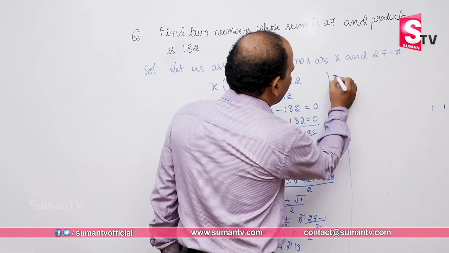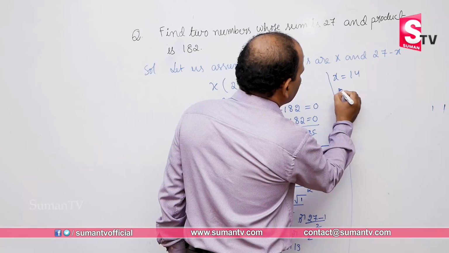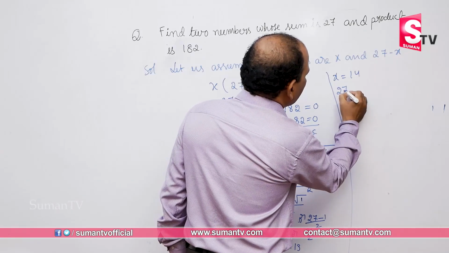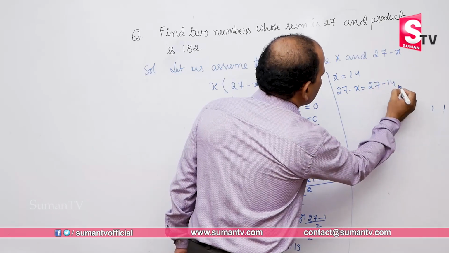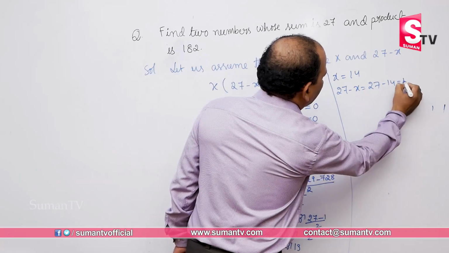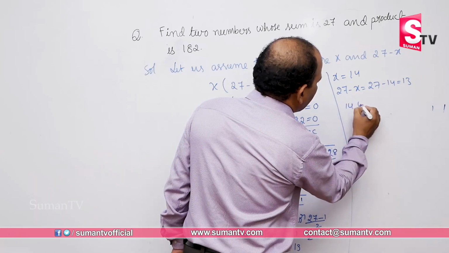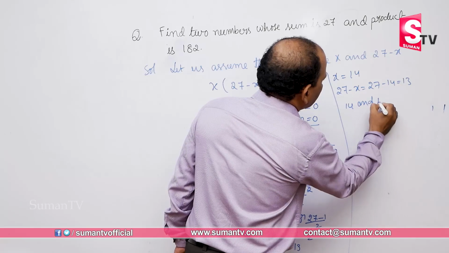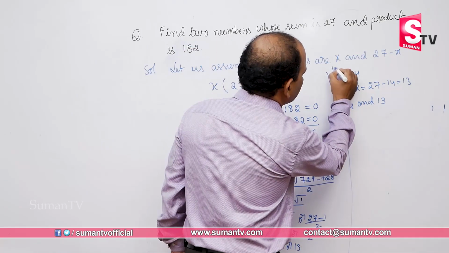If you assume x is equal to 14, then the second number, 27 minus x, will be 27 minus 14, so it is 13. The two numbers are 14 and 13. This is the first case.